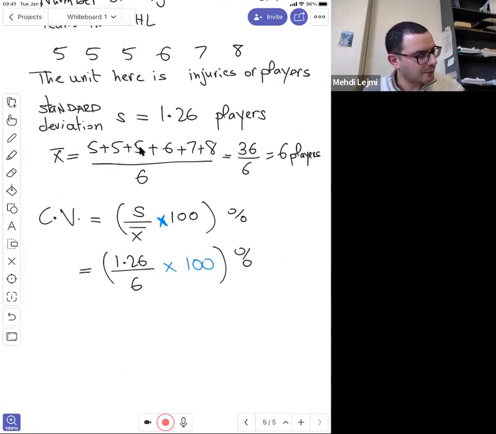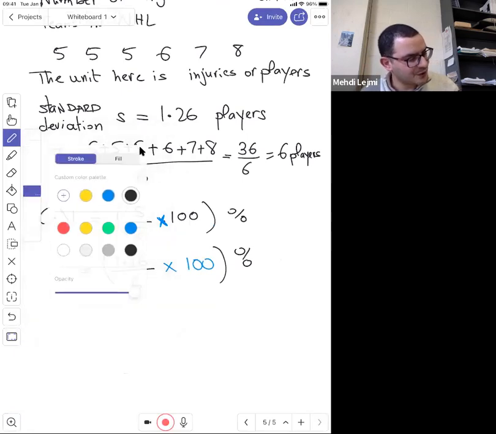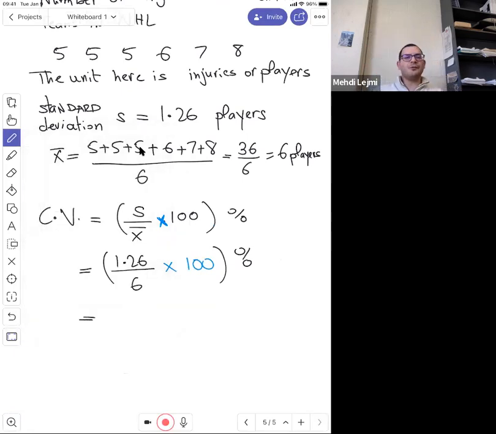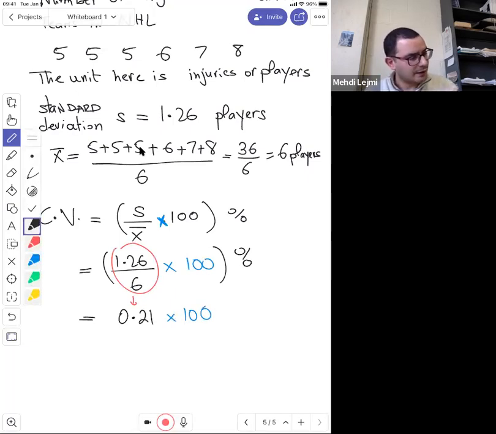So 1.26 over 6, if you just divide 1.26 by 6, I think it's 0.21. And then you need to multiply by 100 to get a percent.